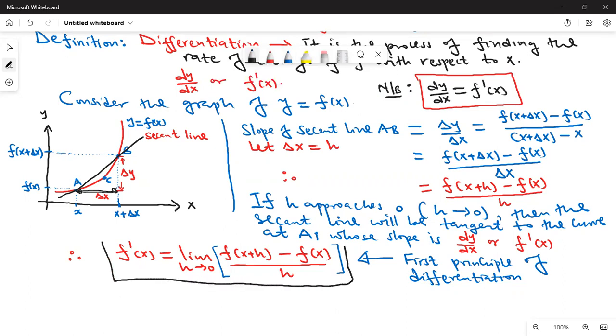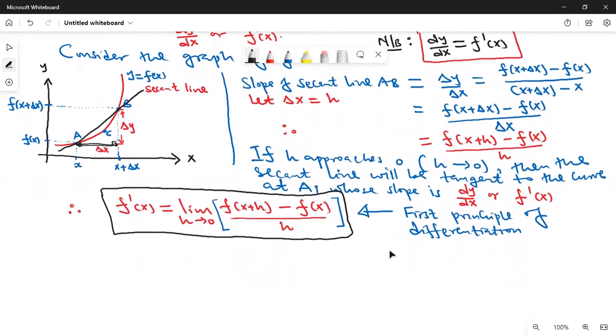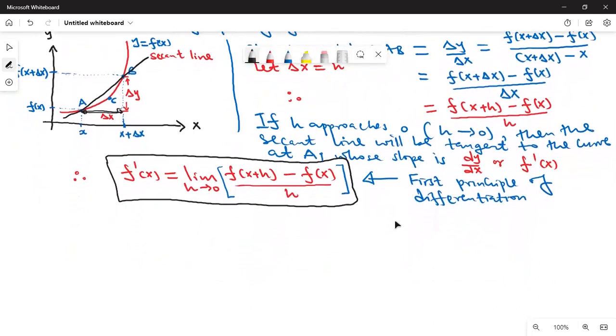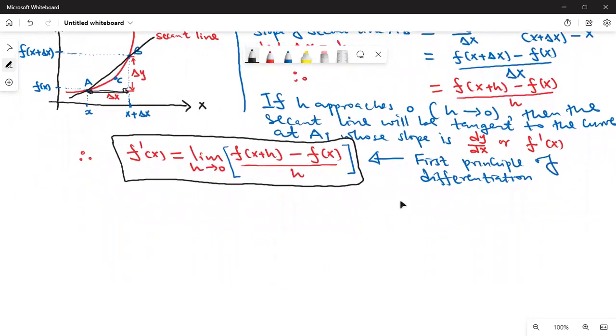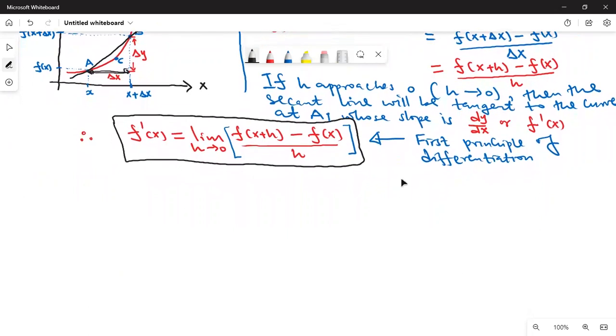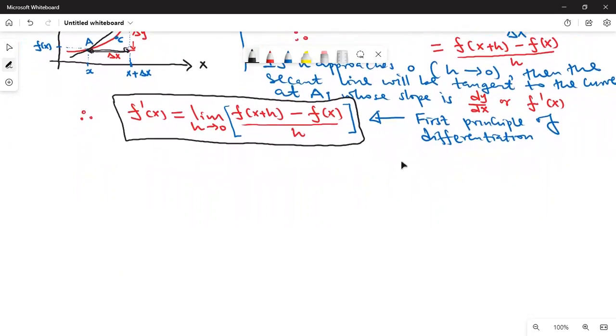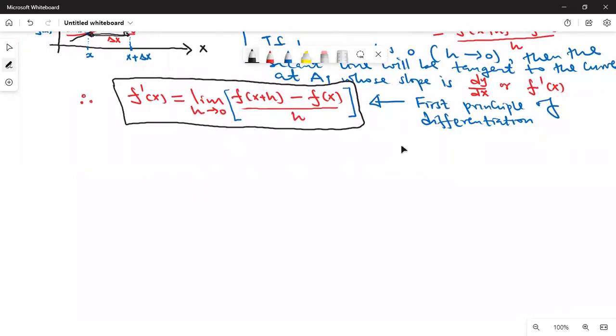So let's see how to use this formula to be able to differentiate some functions. We're going to look at 4 examples where we have different functions and we need to apply that formula of first principle to be able to find f prime of x. So we can have examples.